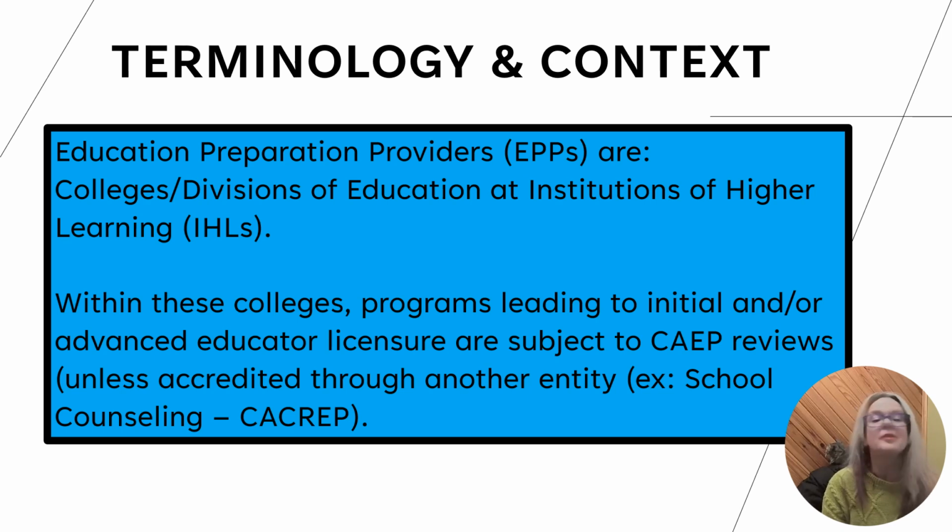I don't know why they chose EPP, but they did, and you'll get really familiar with that. And so the standards, as you'll note within the CAPE handbook, there are standards for initial licensure and advanced, and we are going to focus on the initial licensure standards because once you know how to apply those, you do the same for whatever standard it is.